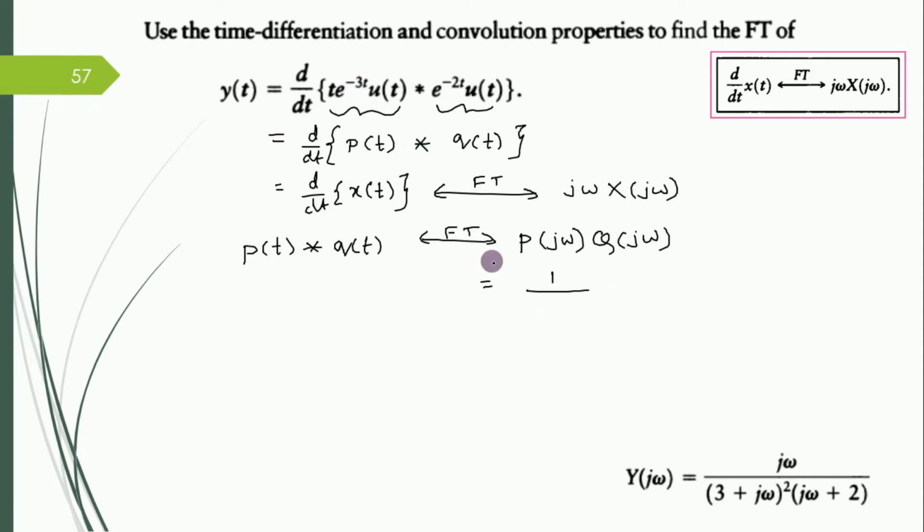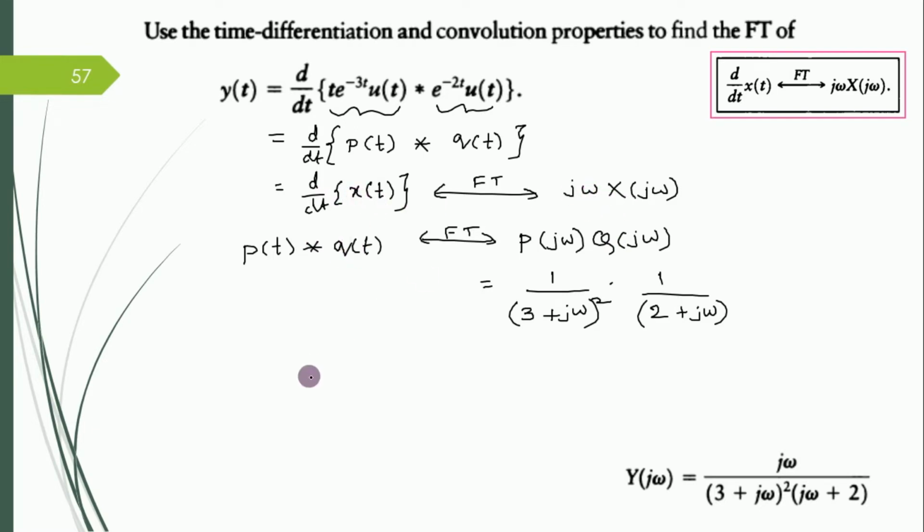Here a means 3, so 3 plus j omega whole square, into Q of j omega, whose Fourier transform is e raised to minus at form, 1 divided by a plus j omega. In place of a, I'm having 2, so 2 plus j omega. That's it. Now we are not complete because this is only p and q, so we need to complete it.